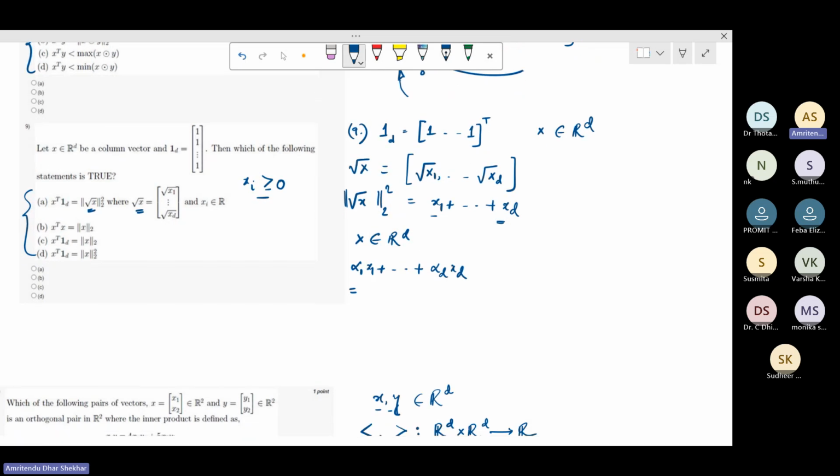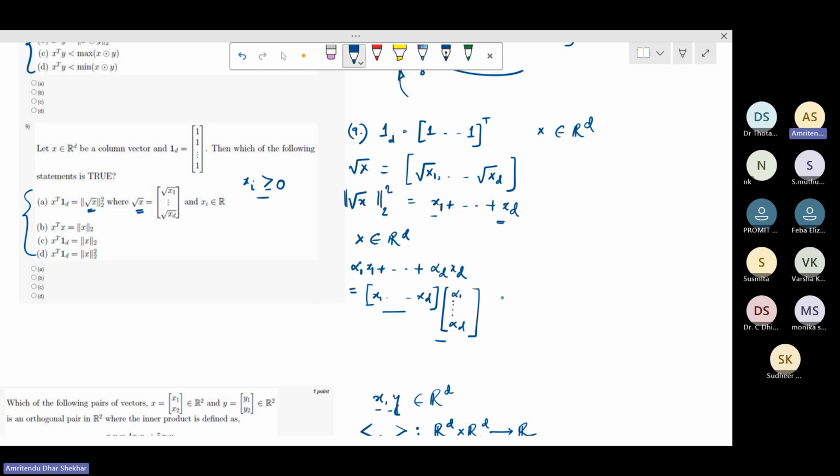Consider this row matrix x1 to xd and this column matrix alpha 1 to alpha d. This is equal to the expression if you just evaluate the matrix product.